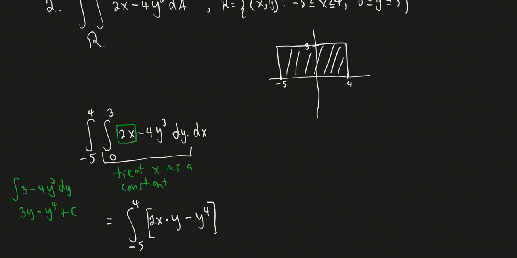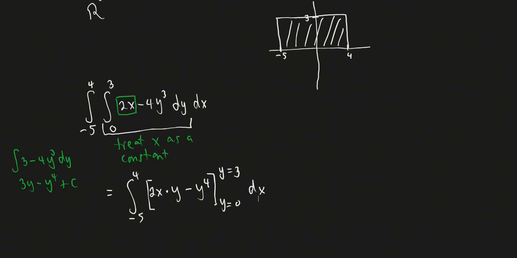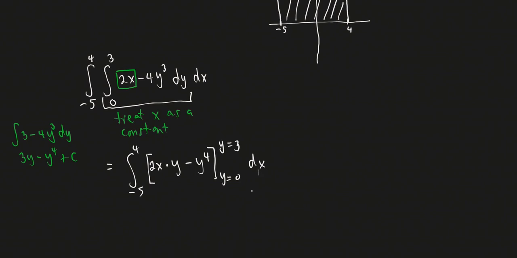These are y limits, so we're going to plug in y equals 0 and then y equals 3. And whatever this whole thing comes out to be, we're going to integrate that result with respect to x. So this is what it looks like. You can keep everything together, but again, it's still an iterative process, one integral at a time, right?